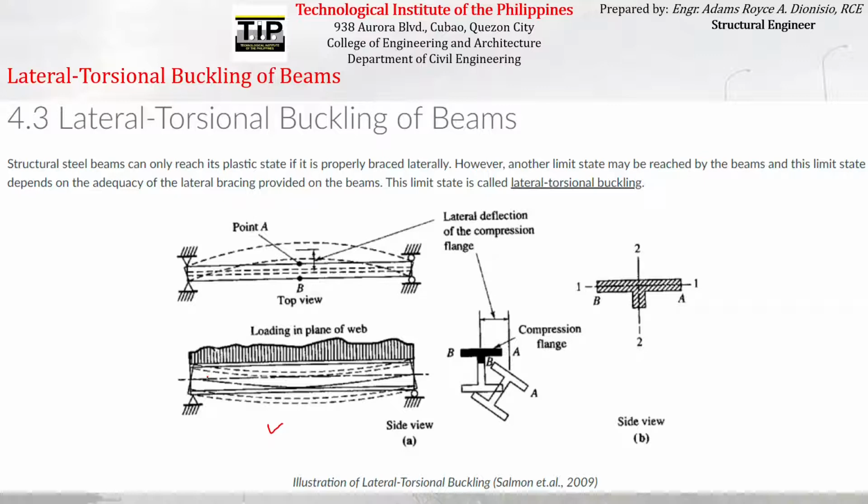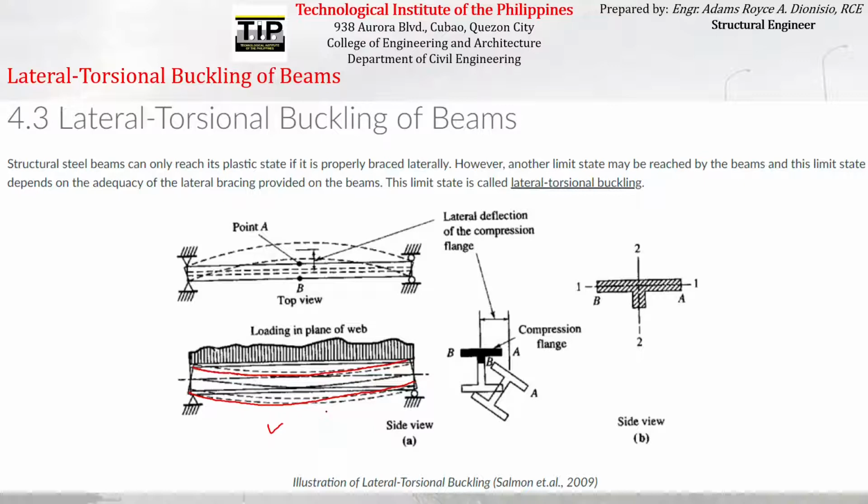The dotted or broken line that you are seeing here, it will be bending like this. So this is what will happen to the beam if you look at it on the side view.